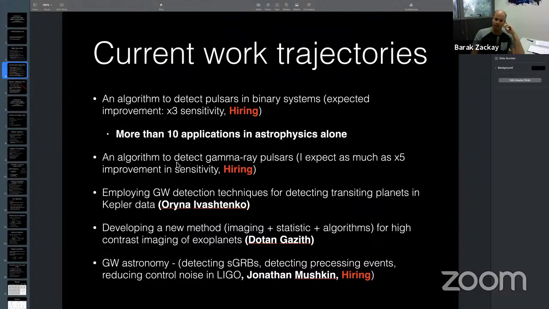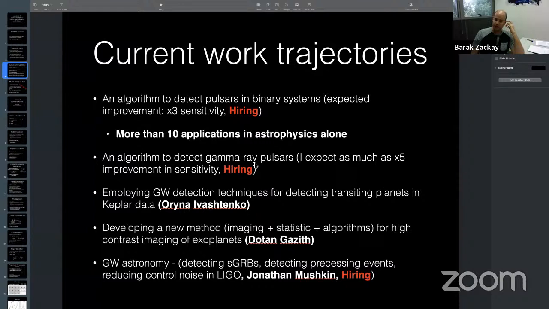Another algorithm is aimed at detecting gamma ray pulsars. Basically, it's trying to solve the timing problem. So if you have timing of many different arrivals of pulses, how do you connect all the timings of all the pulsars?